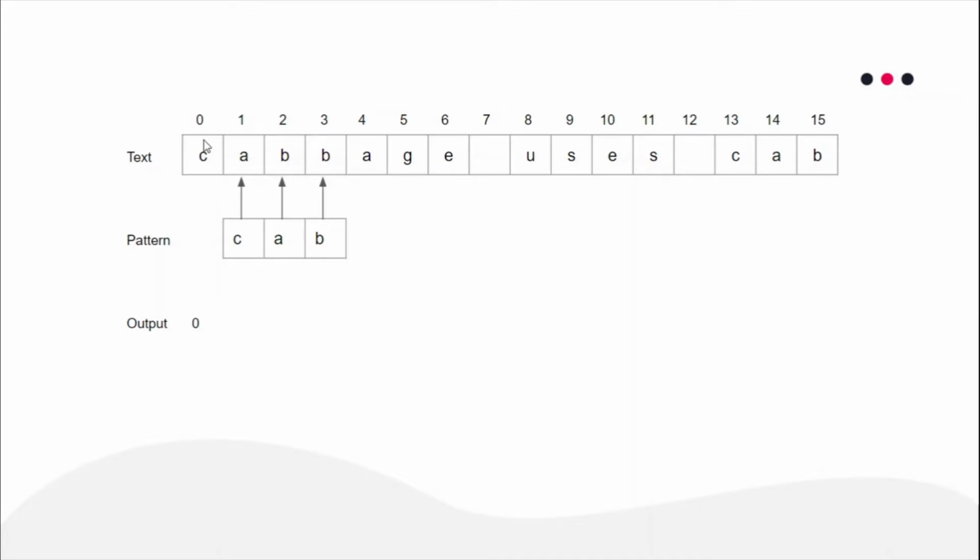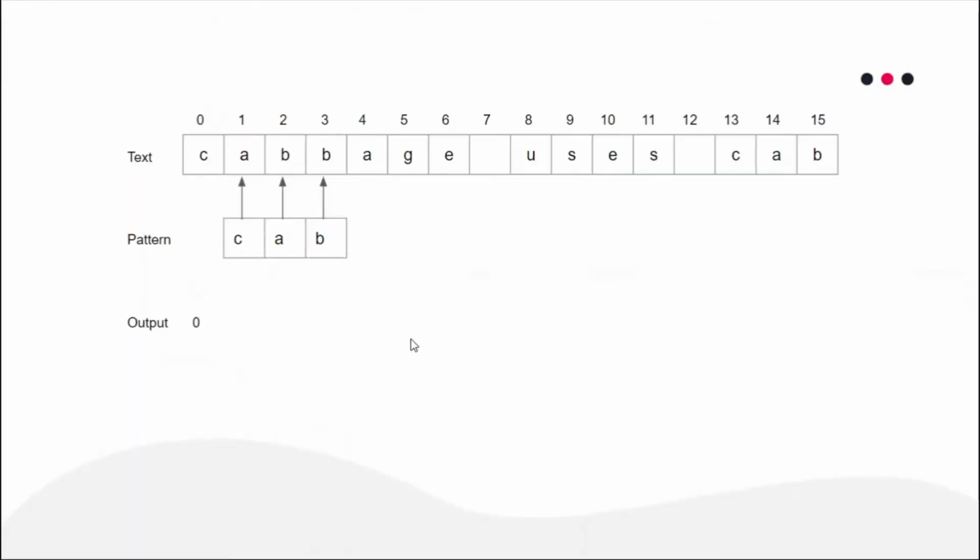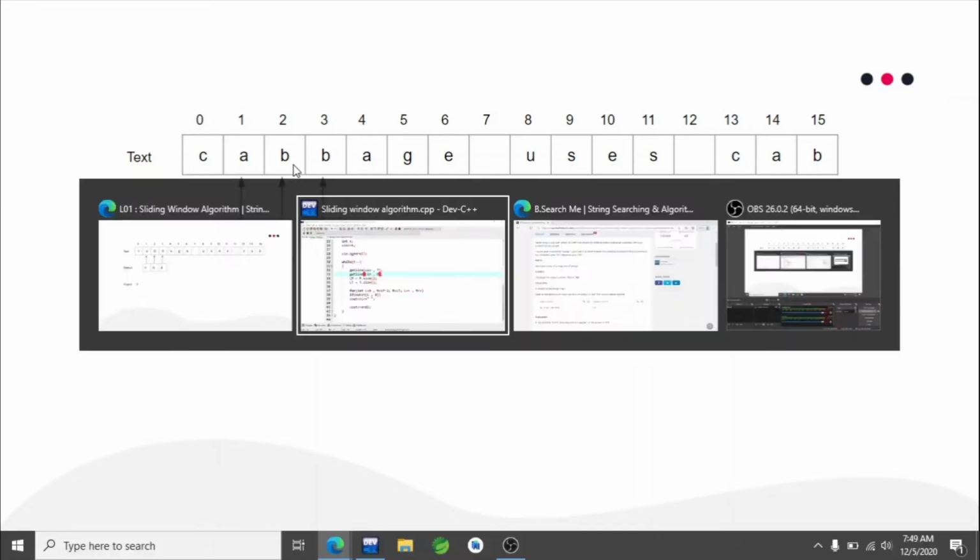When you start, L is equal to 0 and R is equal to pattern dot length minus 1, right? So that is why when you are starting, L is equal to 0 and R is equal to length of pattern minus 1, because it would have been 0 to 2 when you started.